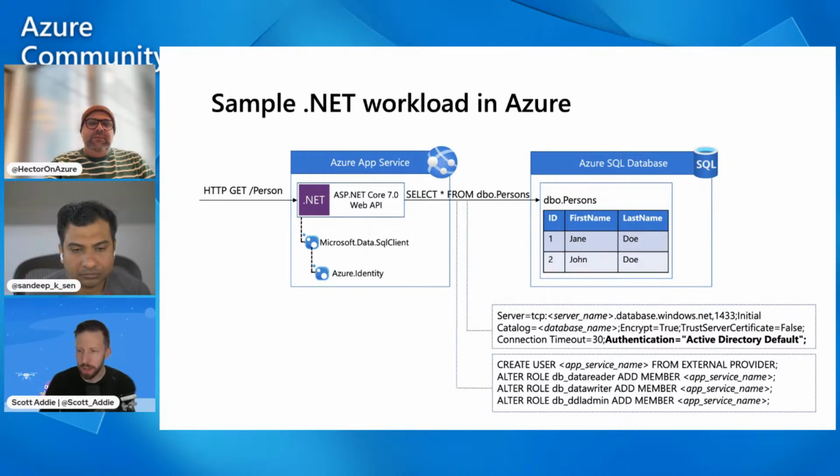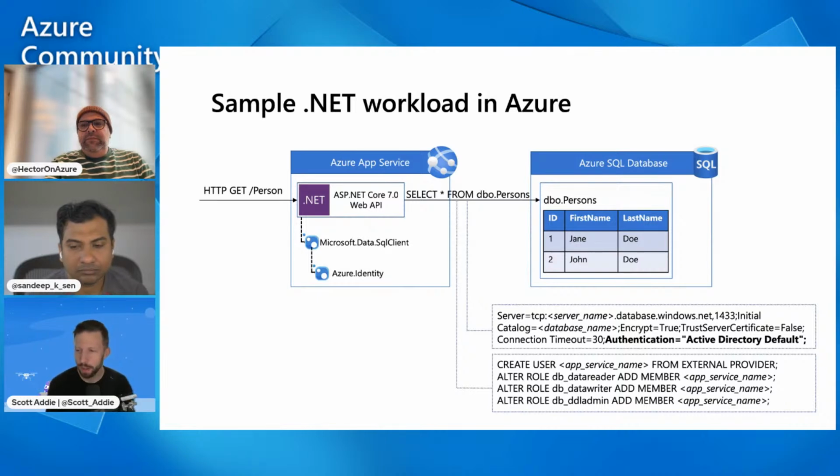Now, in this scenario, for authentication purposes, managed identity has been enabled on that App Service resource. And you'll notice there's something that looks like a connection string because it is a connection string. On the right side towards the bottom of this slide, it's actually the bolded portion of that connection string that is the secret sauce here.